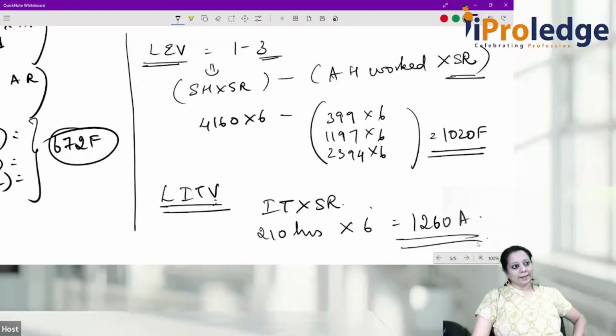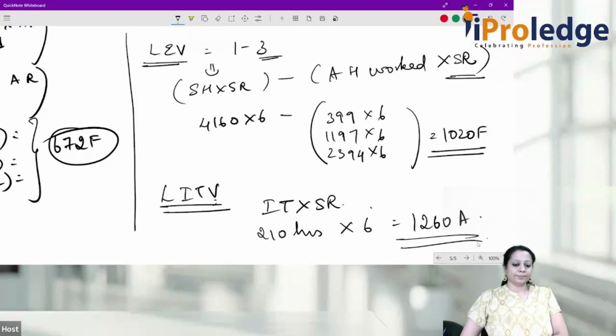In between is what, idle time. So when you combine all three, you should get cost variance. Just check. Cost variance, how much did we get? 432. Yes. Are you getting? Yes.